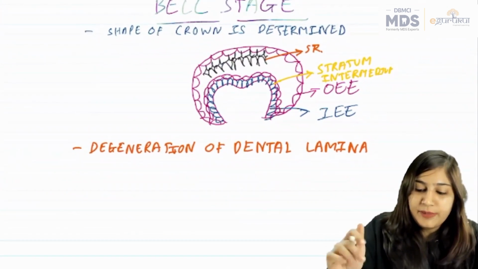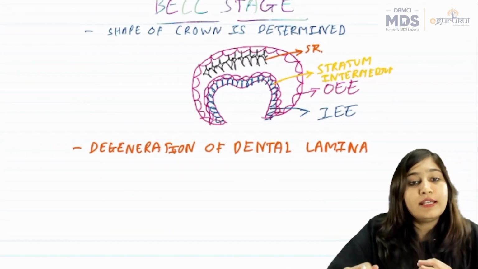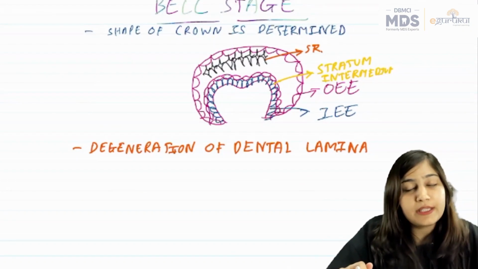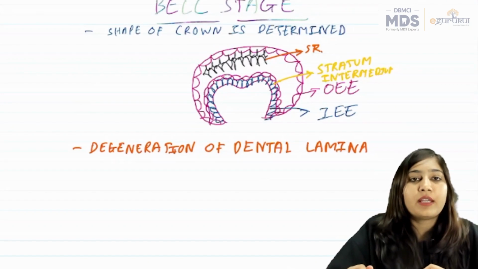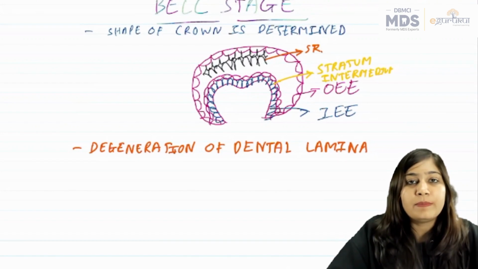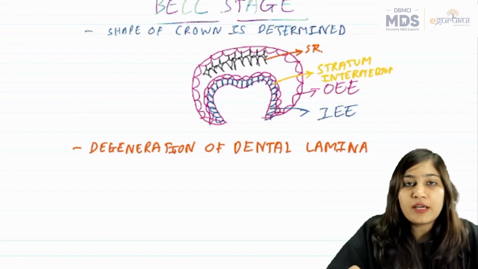So in case of bell stage, there are inner enamel epithelium, outer enamel epithelium, stratum intermedium, and stellate reticulum.